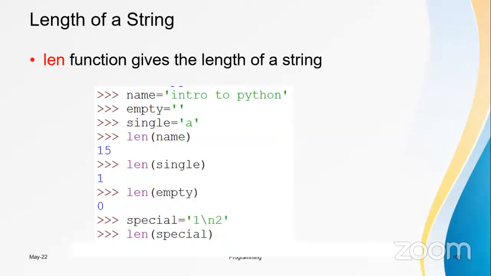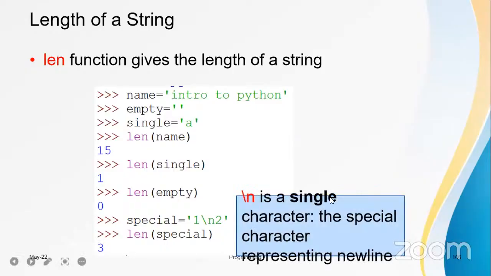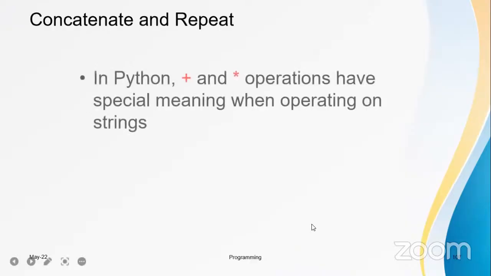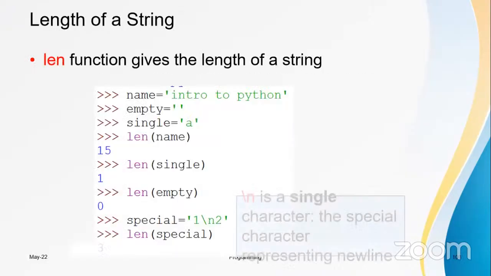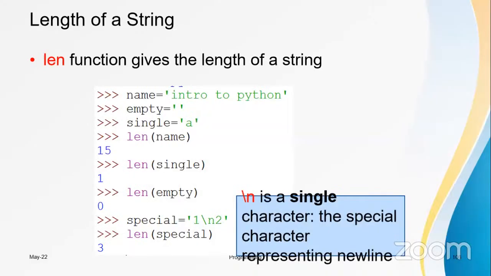In these three outputs, if you have any questions, you can ask. Length of single, length of empty because it's totally null, and then the one with backslash n. Length of special is nothing but a single character, the special character representing the new line. If you have any questions, you can ask me here.